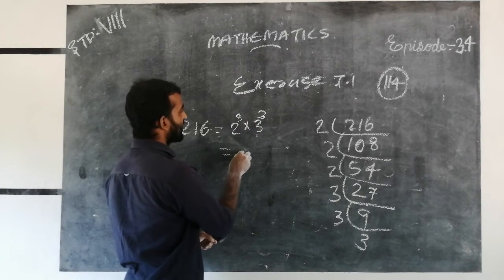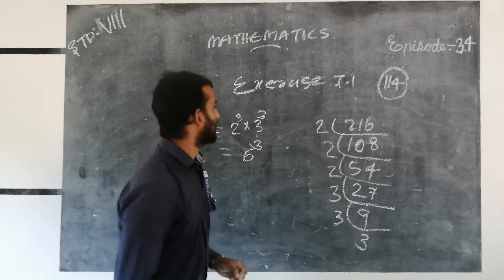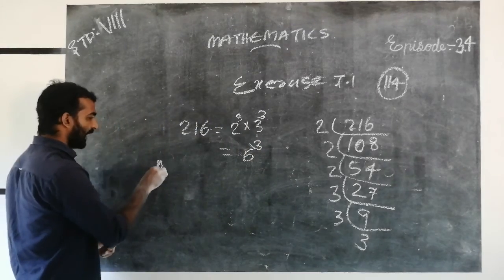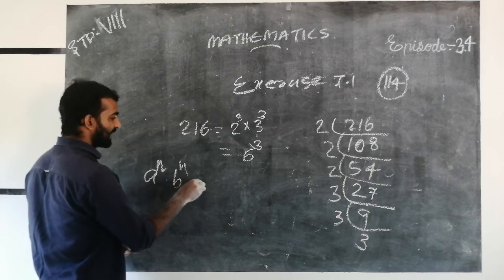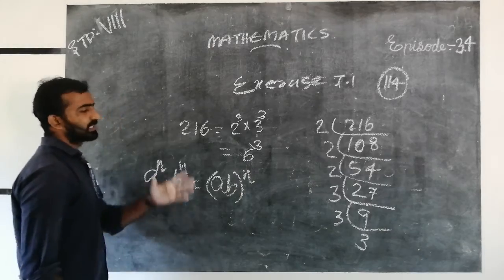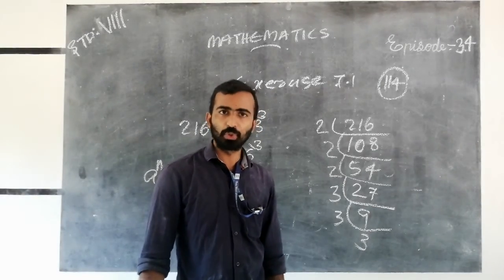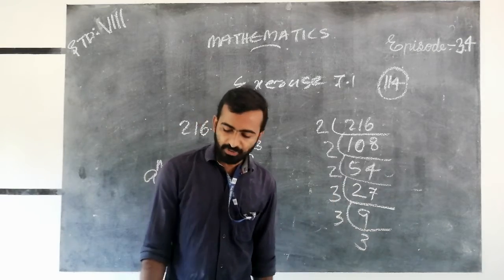That is, we get 6 cube. Here a raised to n into b raised to n, we can write as ab whole raised to n. That is here 216 is a perfect cube.